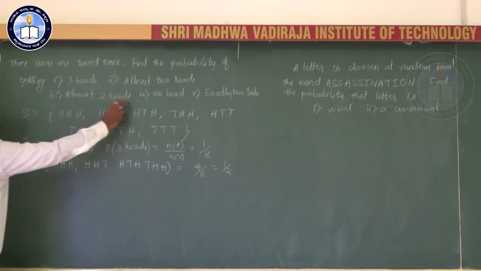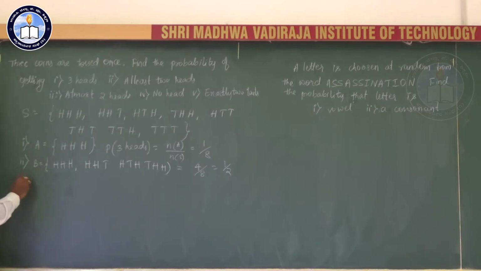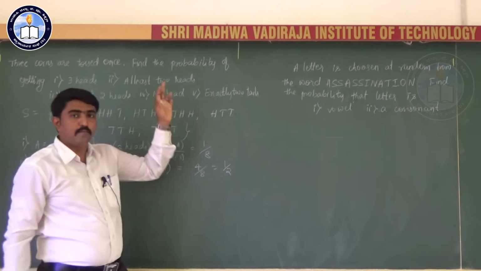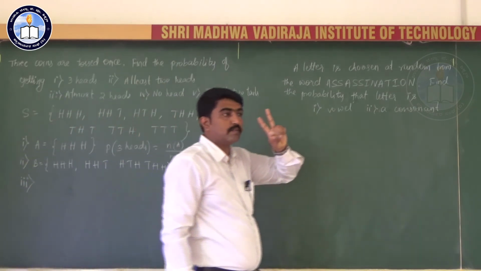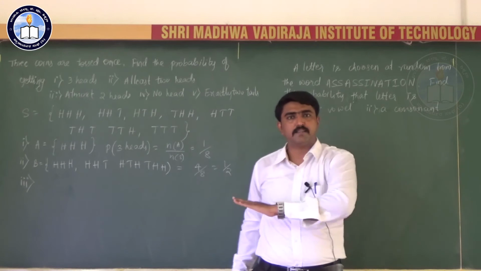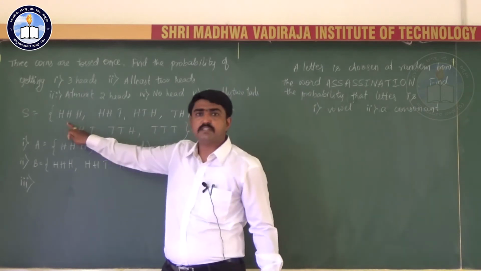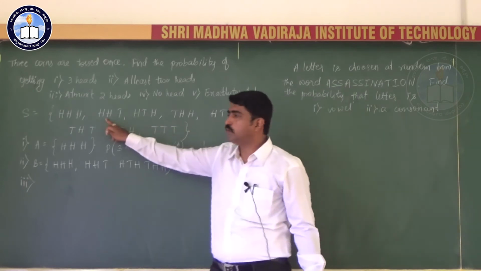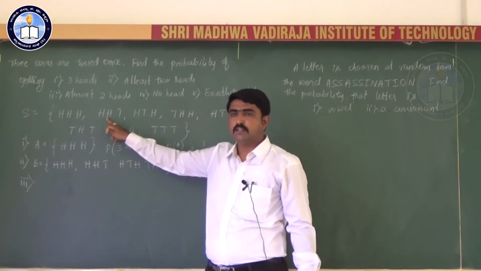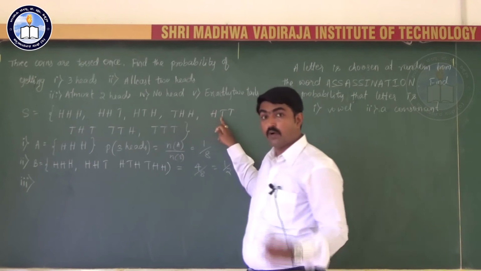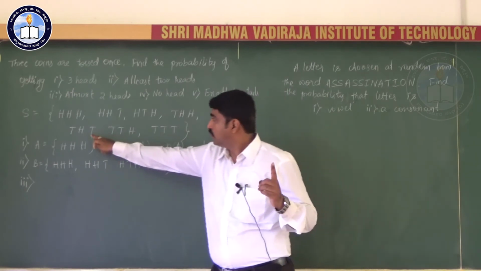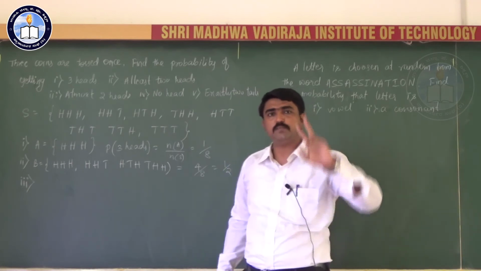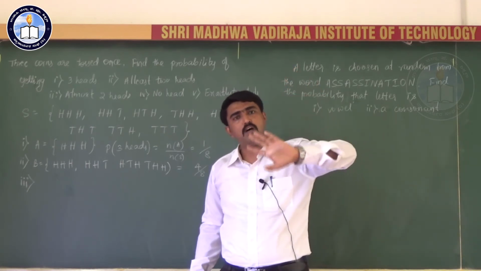Next, at most 2 heads. At most 2 heads means maximum 2 heads or less than that. So except 3 heads, all other outcomes will come. See, 2 heads are there, 1 head, and no head. So at most 2 heads means maximum 2 or 1 or 0.